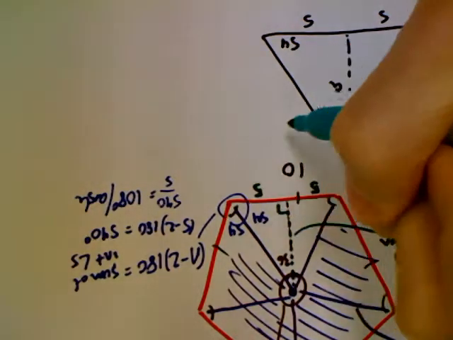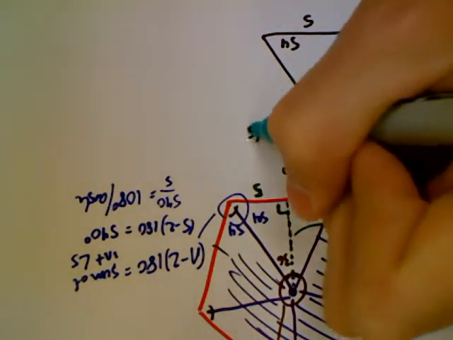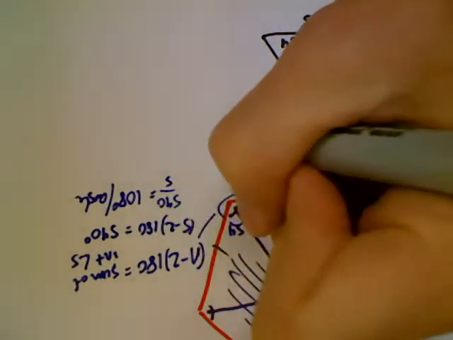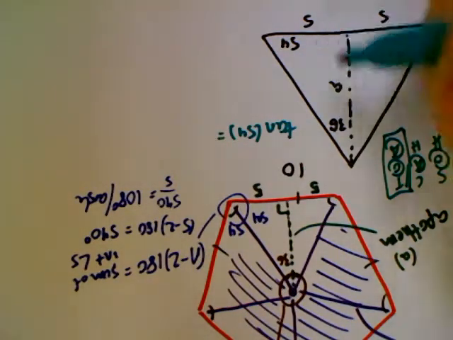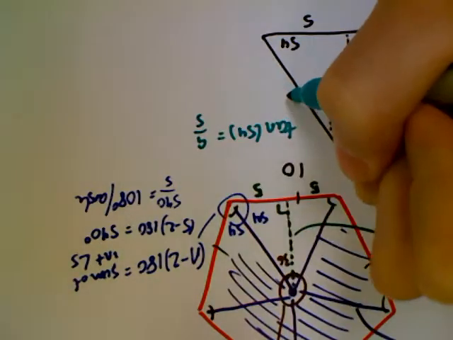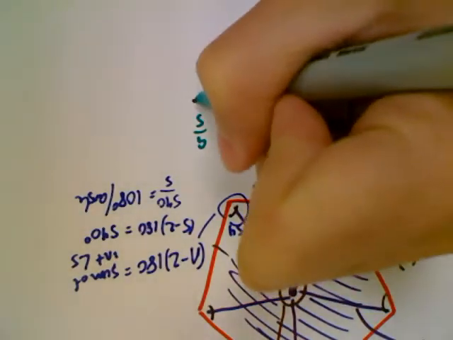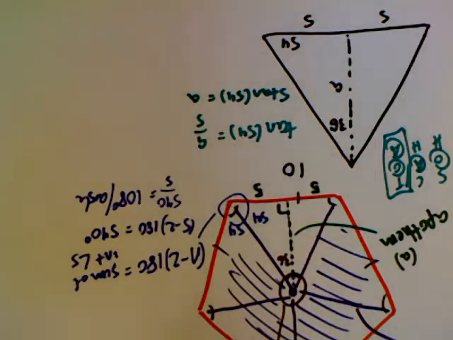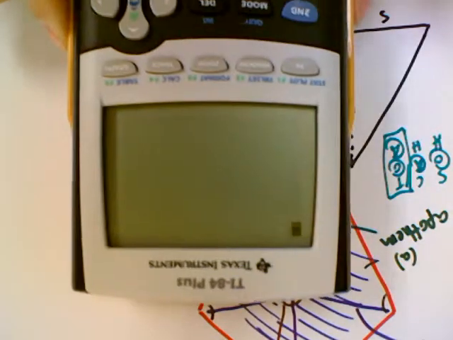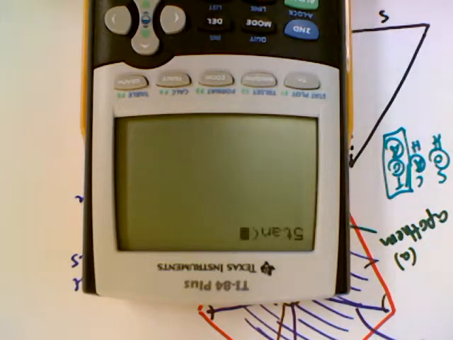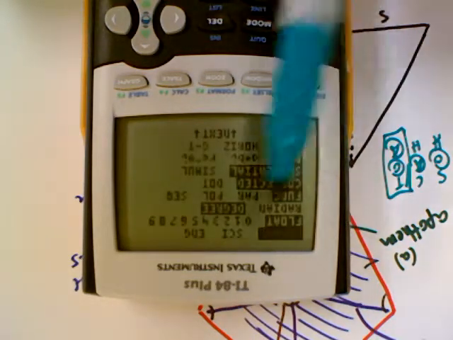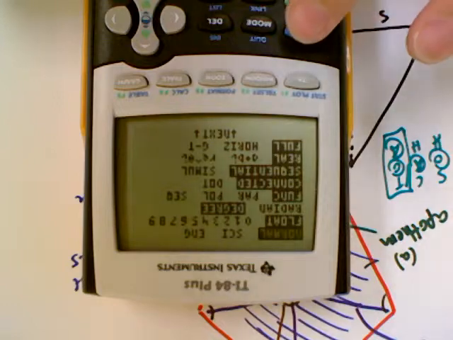So the equation that you can set up is tan of 54 degrees is equal to the opposite over the adjacent side, so a over 5, which means 5 tan of 54 is equal to the apothem. So if I look at what that is, 5 tan 54, and again, make sure that you're in degree mode. That's important.